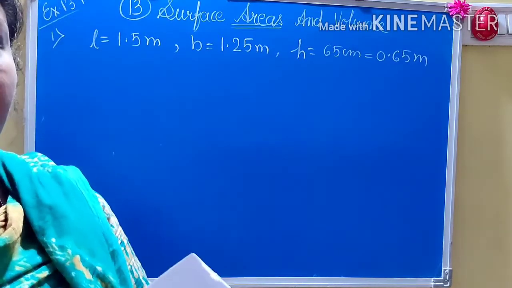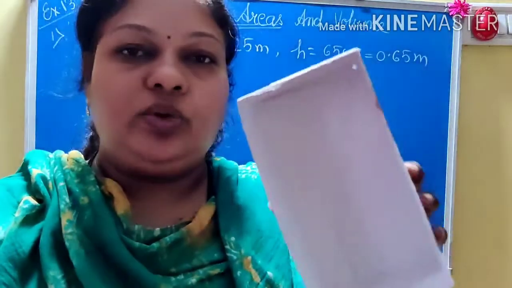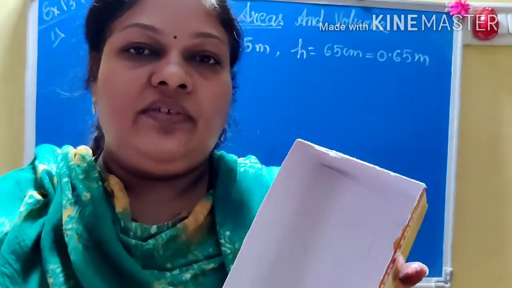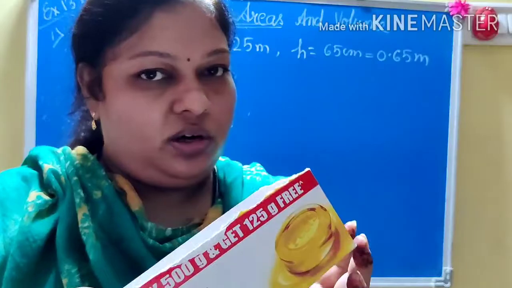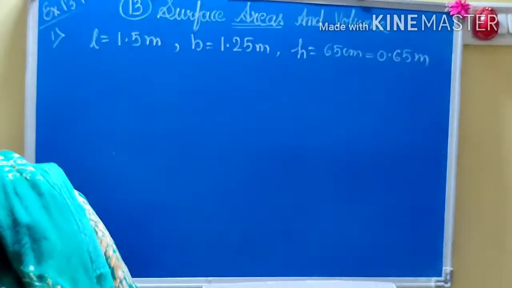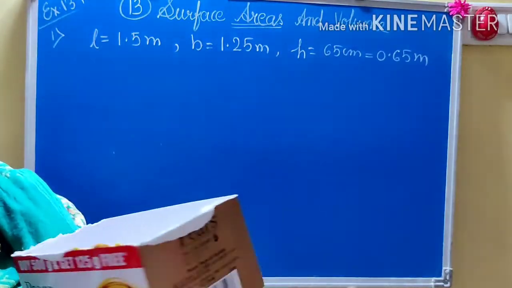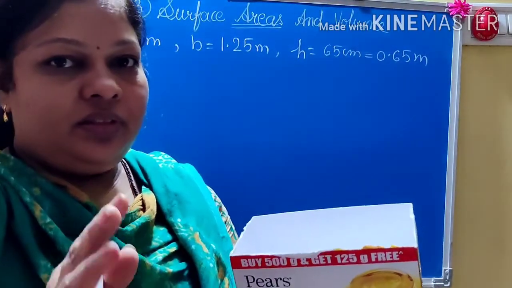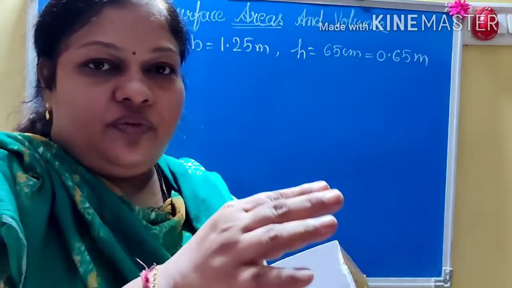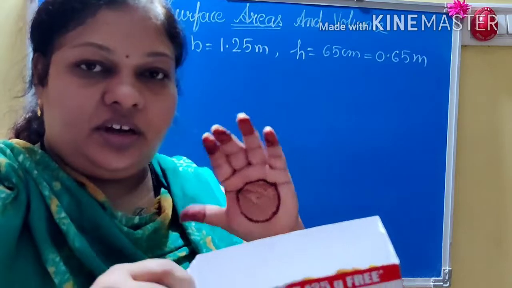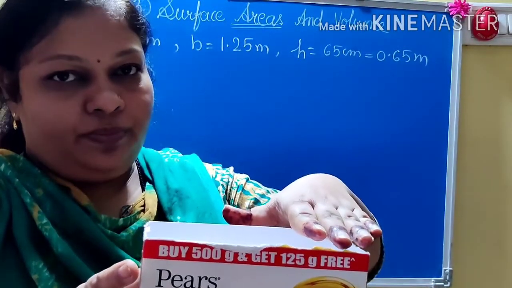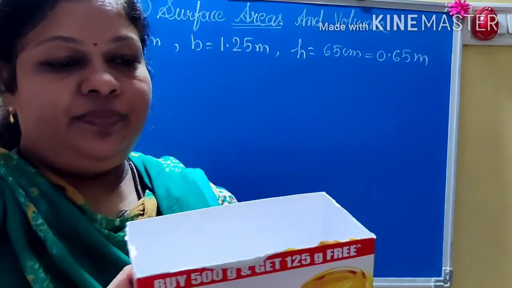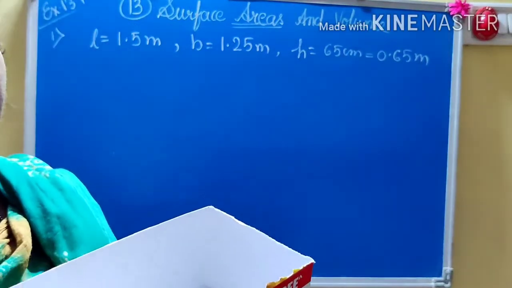Now you have to find the area of the sheet required if the top is open. Top open means the cuboid is looking like that, with the top open, so you have only 5 faces. There are two ways to find the area of the sheet required. The first: find the TSA of the cuboid and then subtract the area of the top, to get the area of the remaining 5 faces.